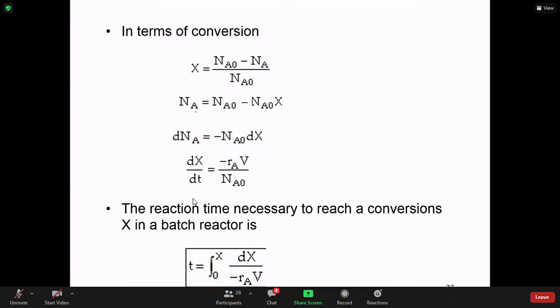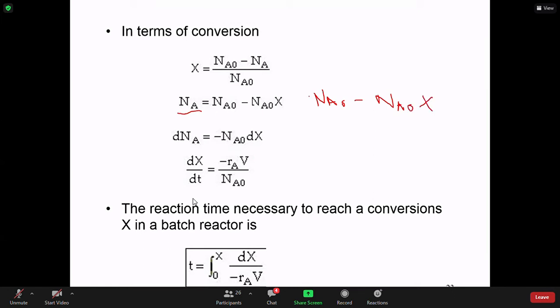We know that the number of moles is equal to the initial number of moles minus the number of moles being converted.